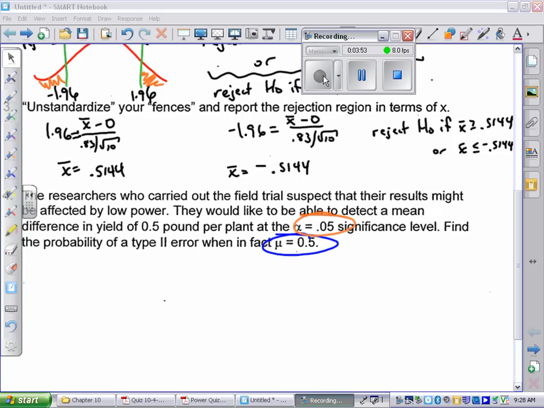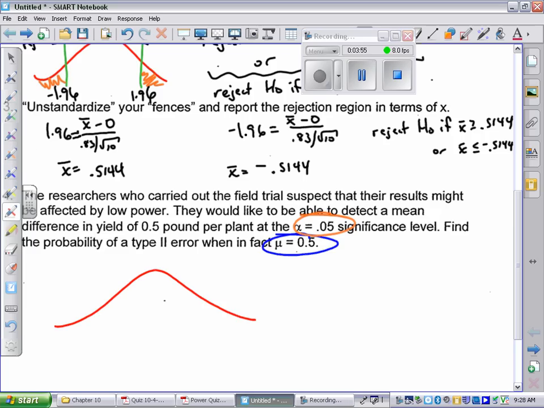So I'm going to draw these pictures out here, and I've got my original curve where the center was 0. I've got my fences drawn in here and here, and in terms of X, I just figured out this is negative 0.5144, and this is positive 0.5144. You might have written these values on here as well, negative 1.96 and 1.96.